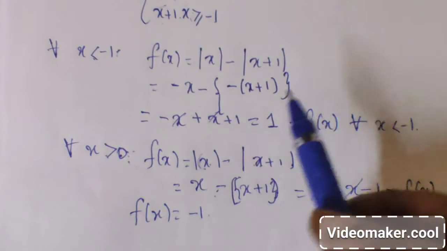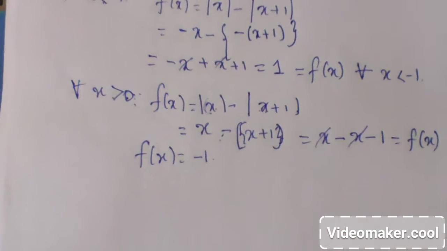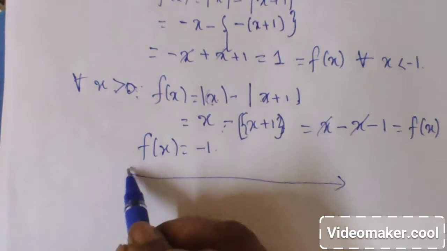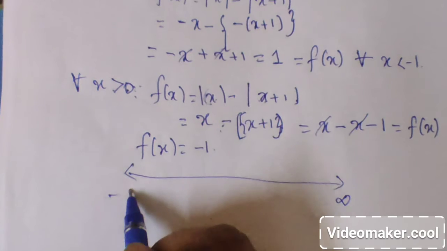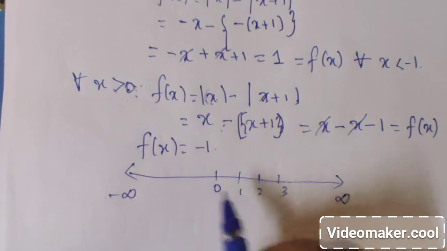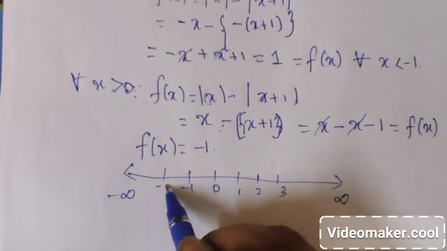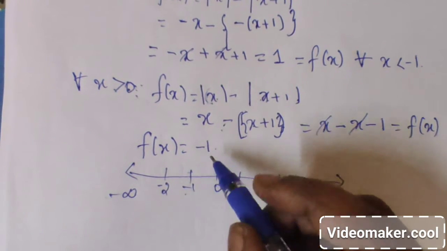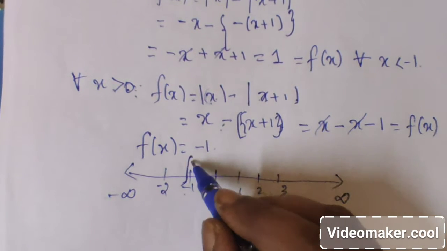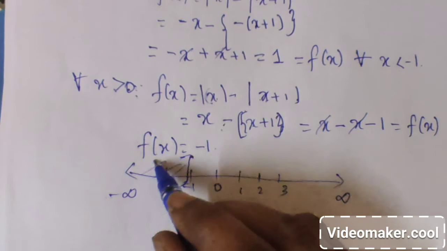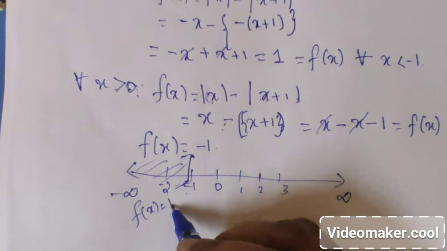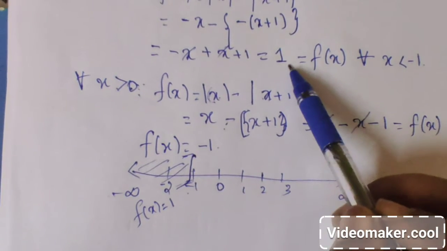Now we will discuss the function in the interval. So now we have, for all x less than minus 1, the function f of x equal to 1, which is acting as a constant function.